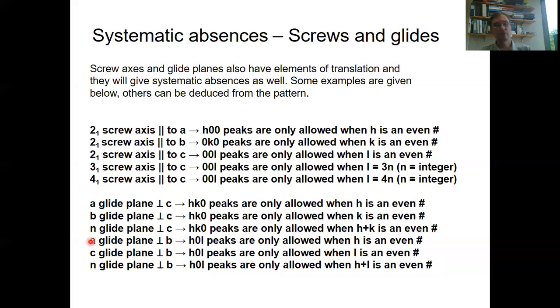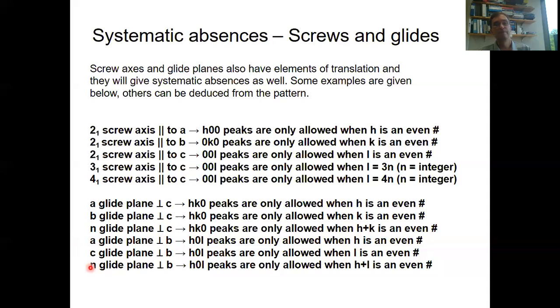Okay, where did we stop? I think we stopped with the A glide plane perpendicular to B. Then you look at the H0L peaks, and again the condition is that H has to be even. For a C glide plane perpendicular to B, we look again at H0L peaks, but they are only allowed when L is even.